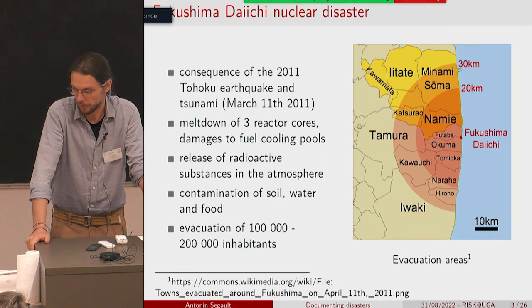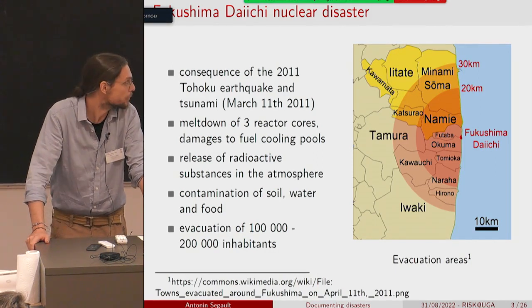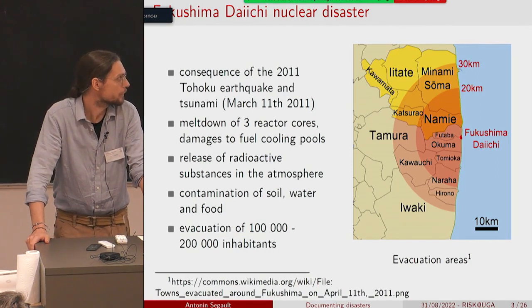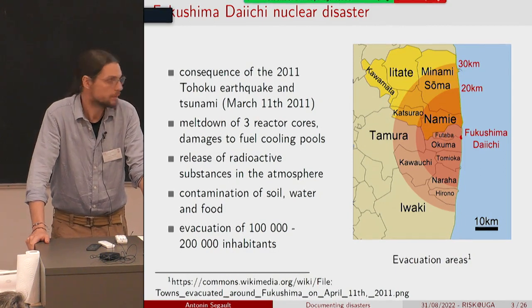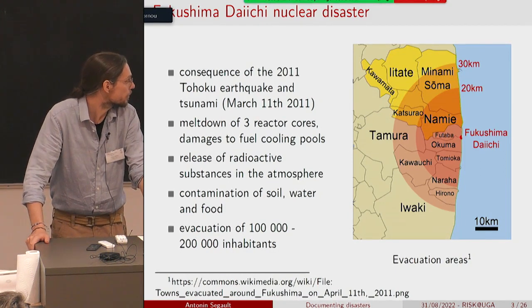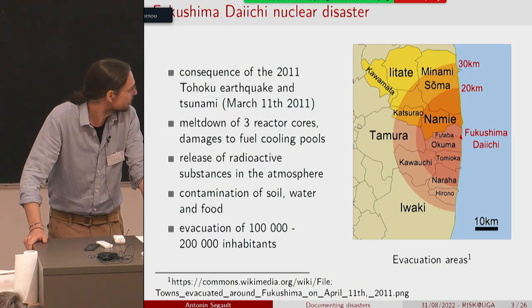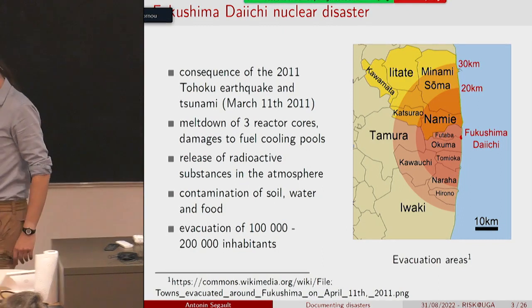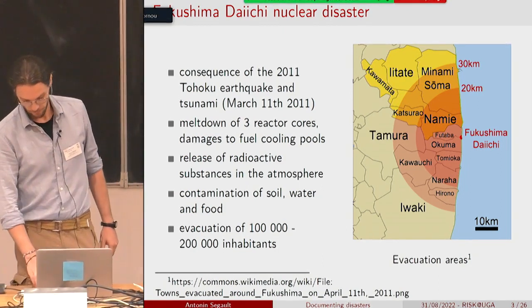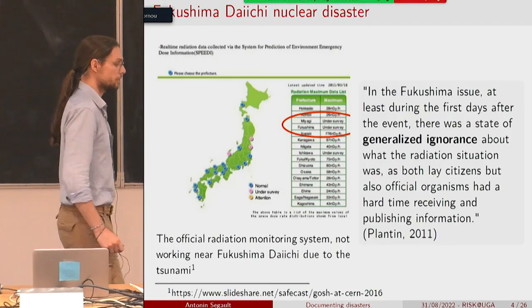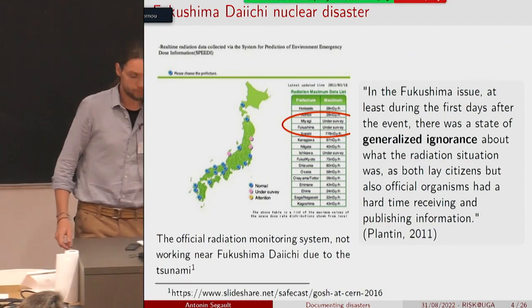So this was handled by a large evacuation around the area, an evacuation that has been quite difficult and that lasted for quite a while. Some areas are still not back to normal.